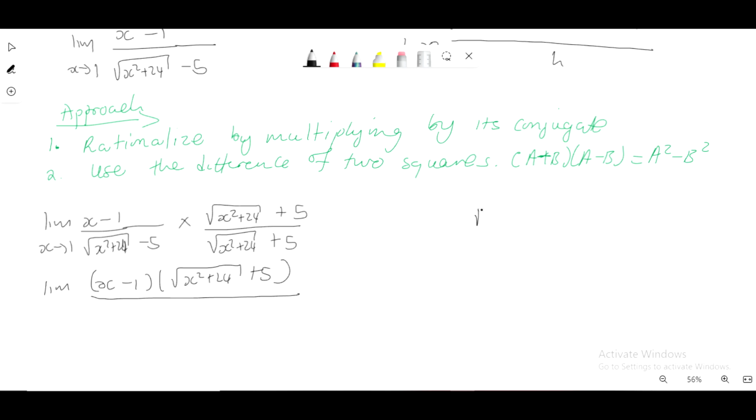Remember that the square root of a multiplied by the square root of a is a. So it's the difference of two squares here. Now I'm going to have x squared plus 24, minus 5 multiplied by 5, which is 25, so minus 25.